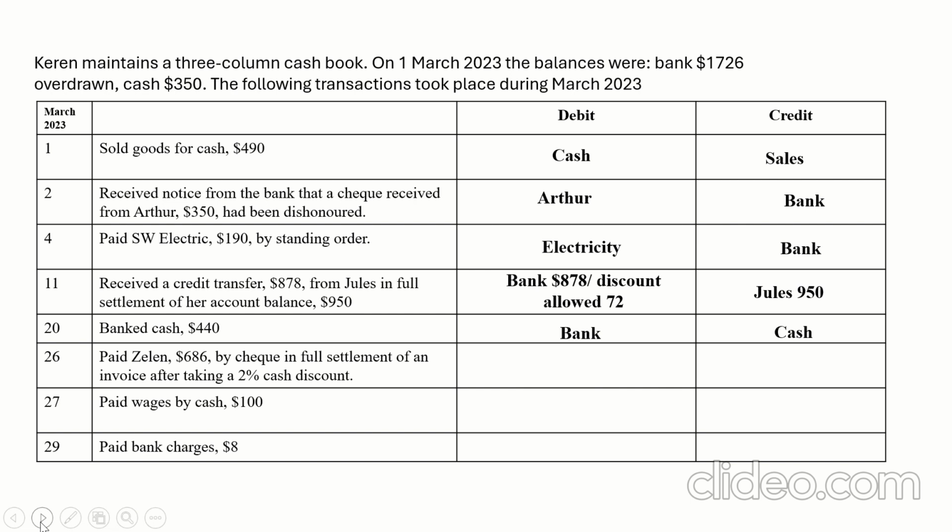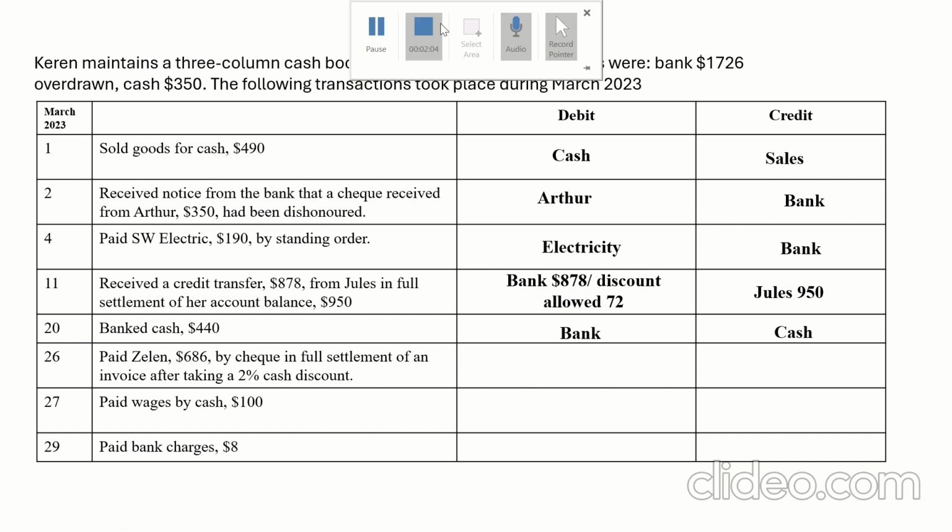Paid Selen 686 by check in full settlement of an invoice after taking a 2% cash discount. So here it's a payment.